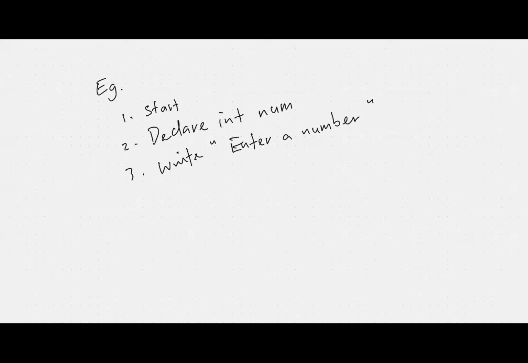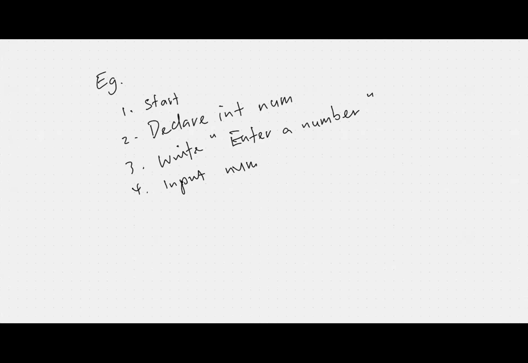In this program, we declare a variable as an integer variable, let's call it number. Then we collect the number from the user. So we say enter a number. Then number 4, we collect the number. Having collected the number from the user, what we want to do is one of two things.